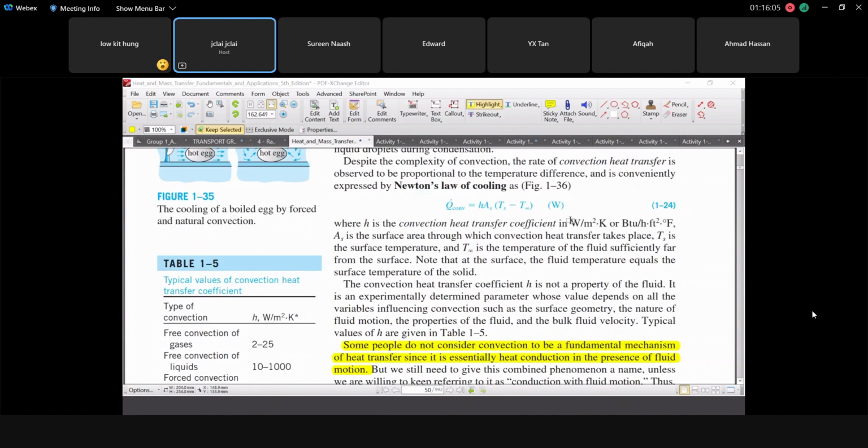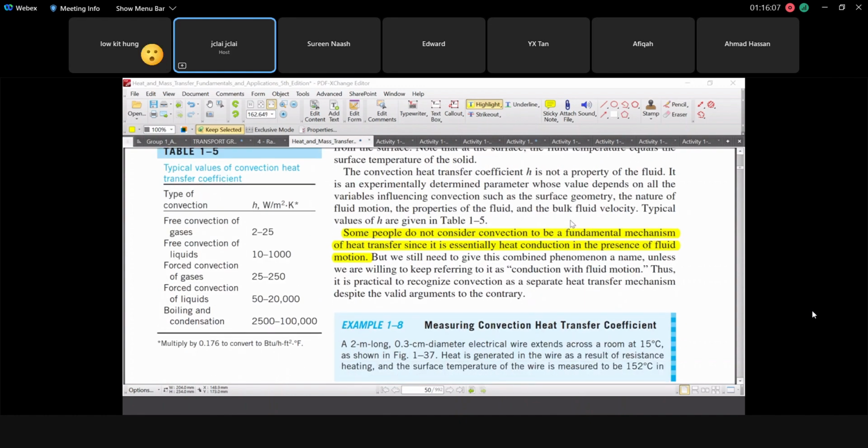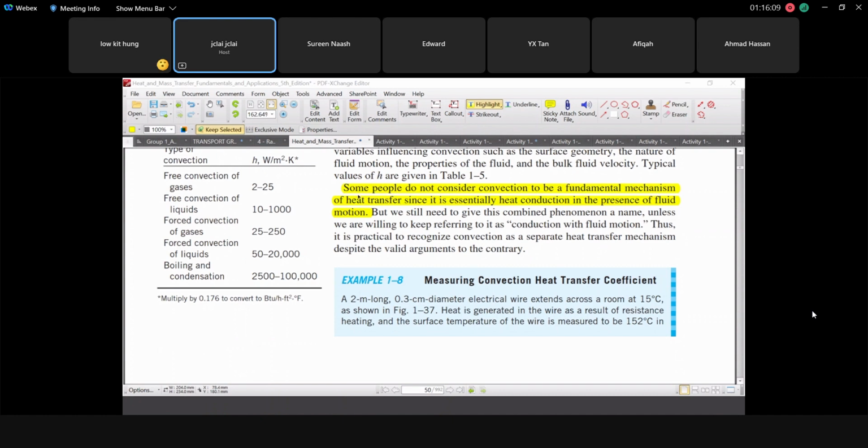I highlighted this part: some people do not consider convection to be a fundamental mechanism of heat transfer, since it is essentially heat conduction in the presence of fluid motion.